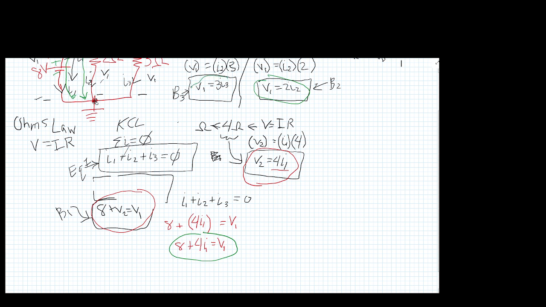These are both V1s. So let's just set them equal to each other. So you have V1 equals V1. That will give you 3 I sub 3 equals 2 I sub 2.